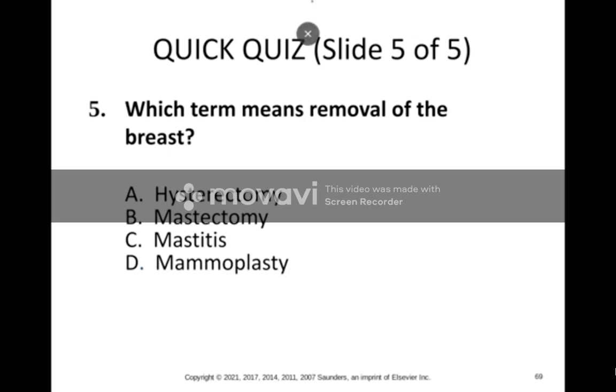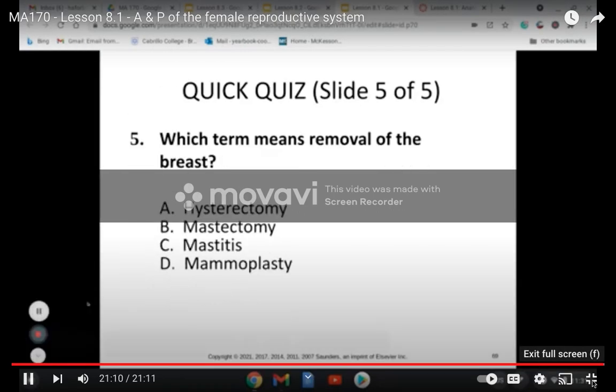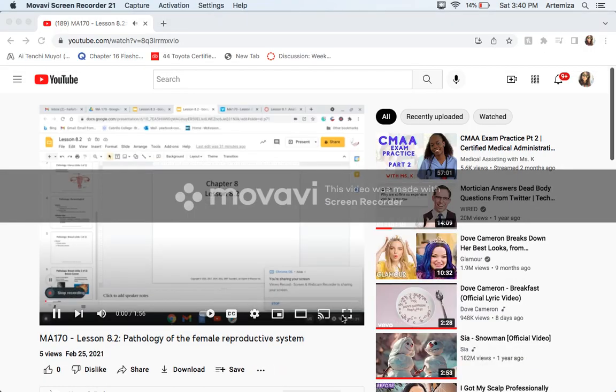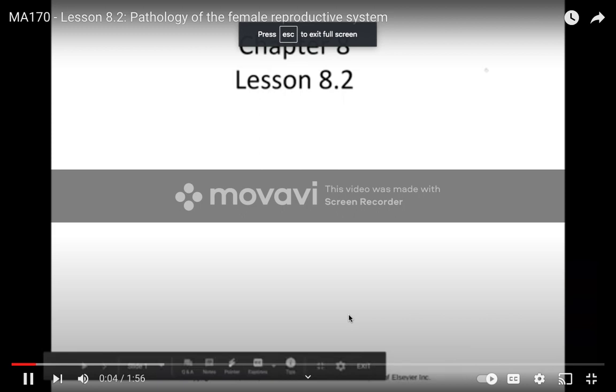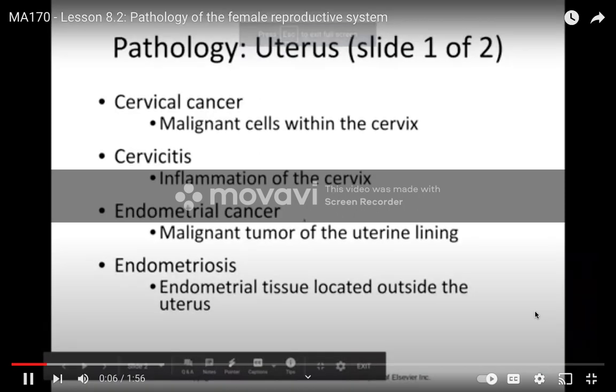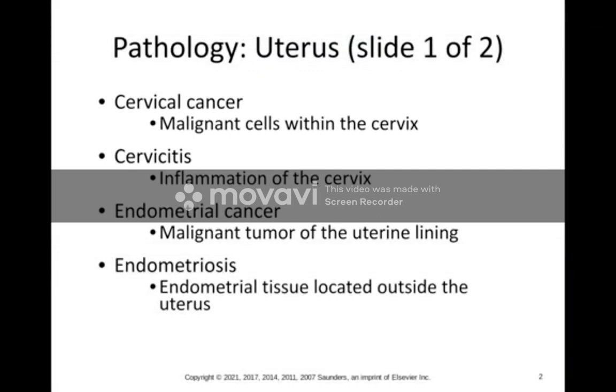And that's the end of lesson 8.1. Okay, students, this is a really quick one. Lesson 8.2. We're just looking at the pathology of the female reproductive system. So for the uterus, it's cervical cancer.